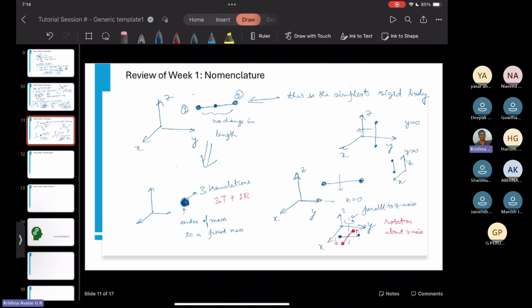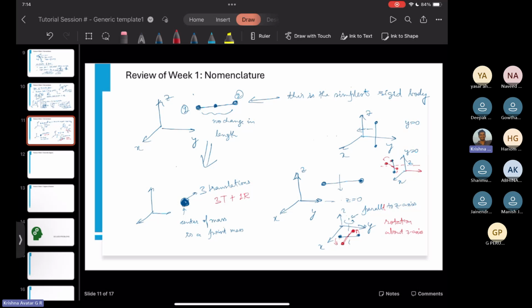This one, Y is equal to 0. Now, using the same logic, let us have an axis parallel to the Y axis and rotate it such that this body moves here, this body moves here, and this is at the center. So we have this line connecting both the points.